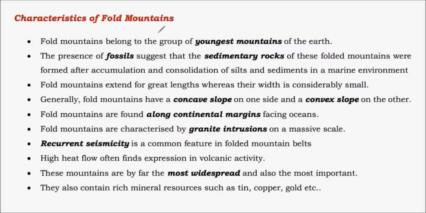And coming to the characteristics of fold mountains, they are the youngest mountain system on Earth. They are only about 300 to 400 million years old compared to the mountains of the Precambrian era, and they are fossiliferous as they are made up of sedimentary rocks, and they extend for great lengths.